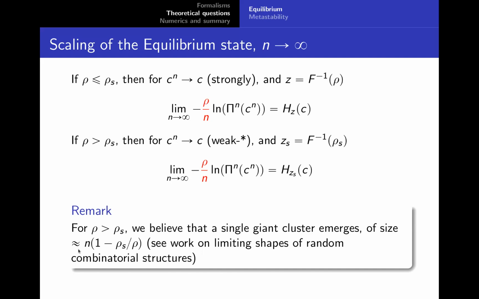By numerical simulation, we conjecture, at least in some cases, that we have a single giant cluster of that size, which is the missing part when you compare the critical stationary state and the initial condition. So we have one giant cluster of that size. All the remaining ones have a finite size with respect to n. So that's still a conjecture. We'd like to prove it, and there are certainly other fields that could help on that.